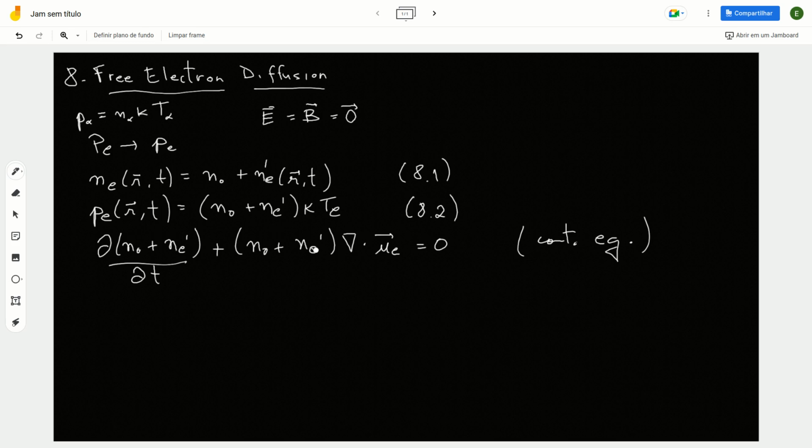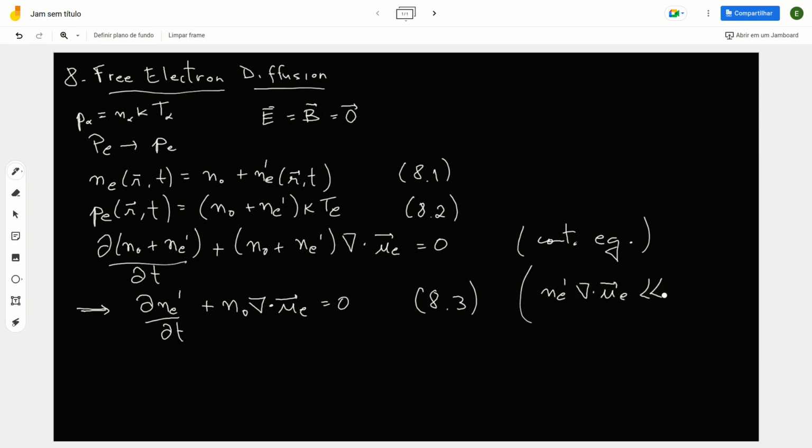The linearized form will neglect this product of two quantities, and we'll just keep the average times this. So the linearized equation will be this one. So this should be small.